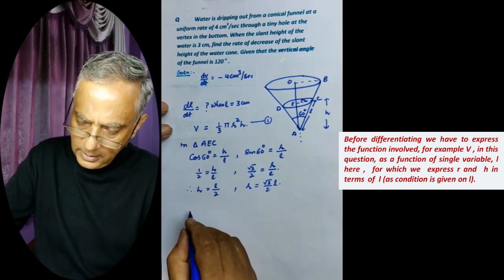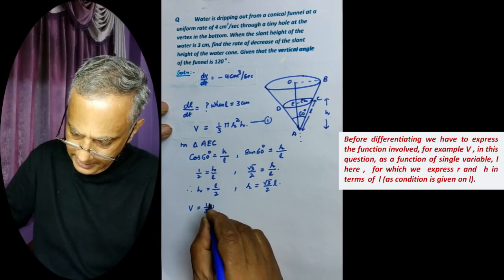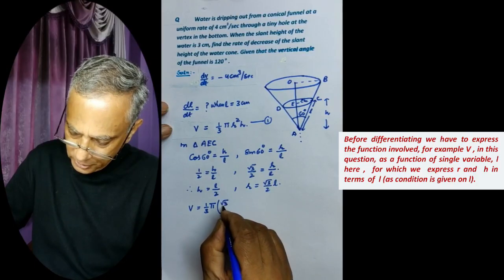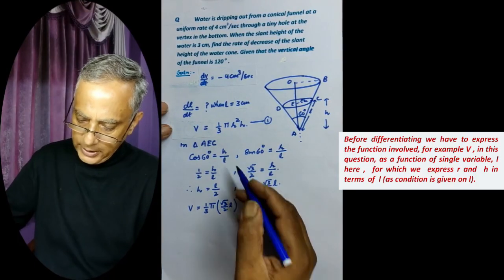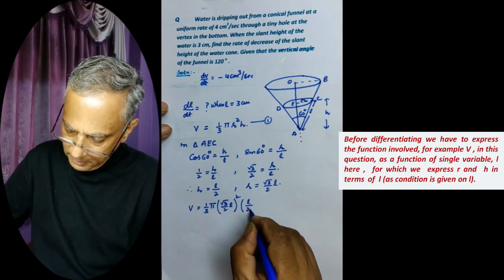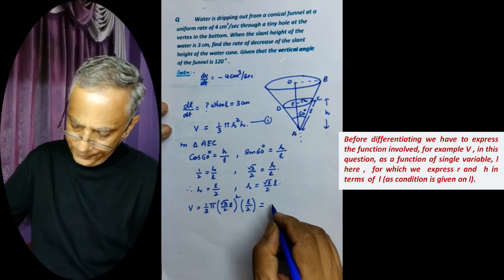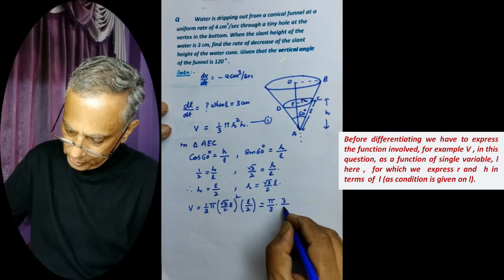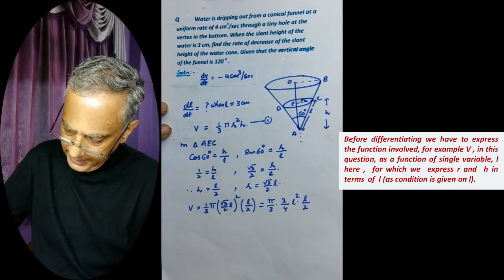Substituting in 1, we get V is equal to 1 by 3 pi r square h, where r is root 3 by 2 L whole square, and h is L by 2. This is equal to pi by 3 into 3 by 4 L square into L by 2.